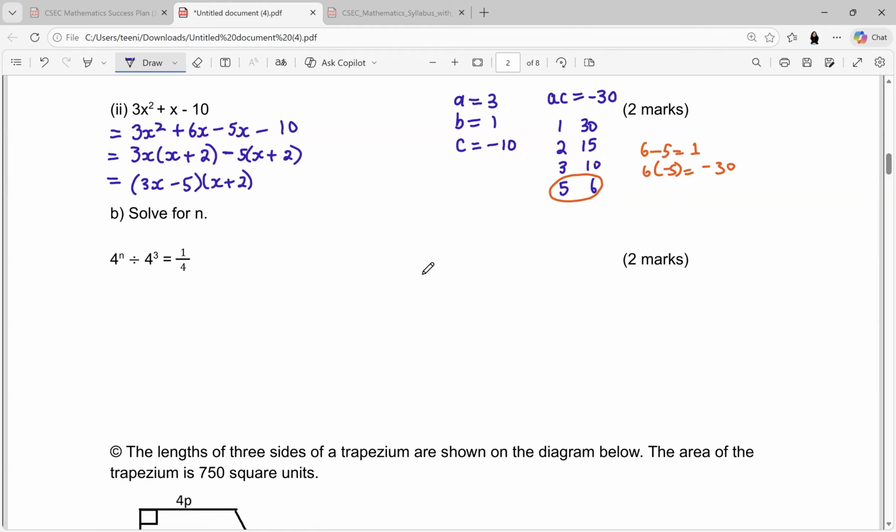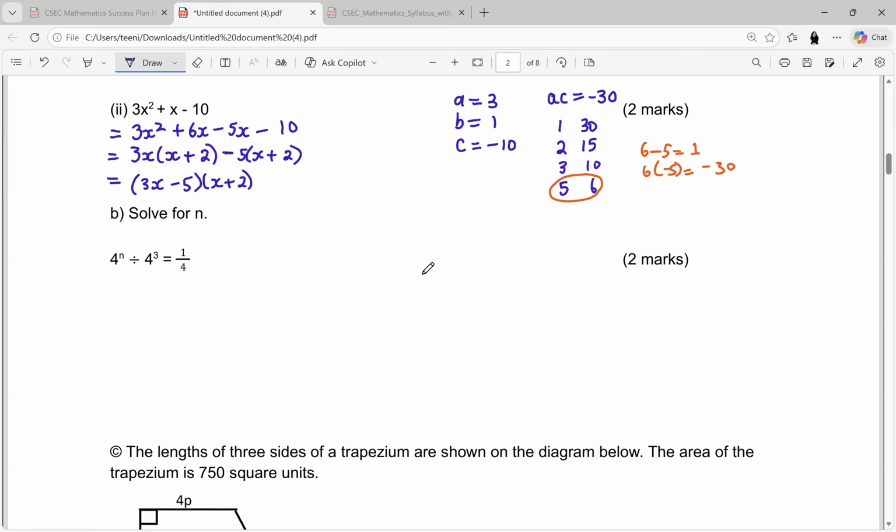So I put 4 to the n over 4 to the 3. 4 cubed. 4 cubed equals 4 to the n negative cube.